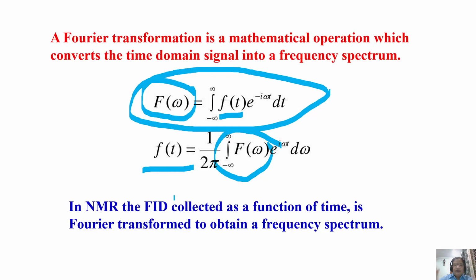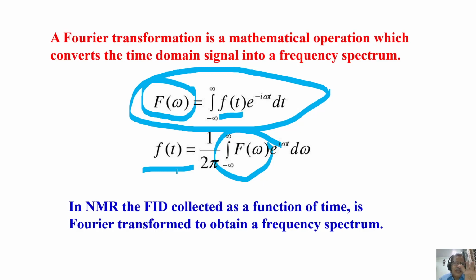Exactly what we do in NMR is the same. As I have been telling you, in NMR, we collect the signal in the time domain, which I refer to as the free induction decay. We apply a radio frequency pulse, and then in the absence of the pulse, magnetization starts precessing freely.